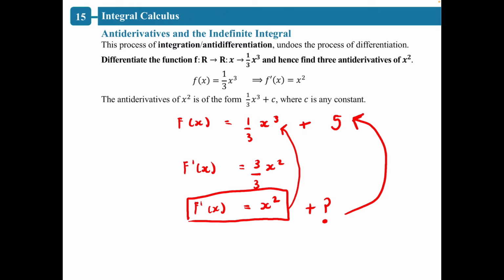However, I do not know what my constant is because when I differentiate a constant, it goes to 0. Hence, when we're writing an antiderivative, we state that the antiderivative of your function equals 1/3 x to the power of 3 plus c, the constant that you may have had but cannot calculate because when you find the differential of a constant, it goes to 0.